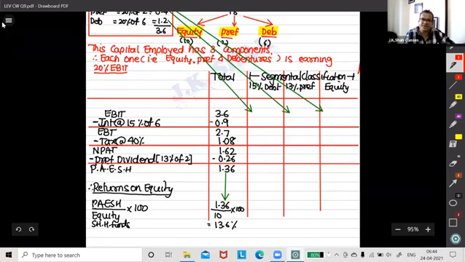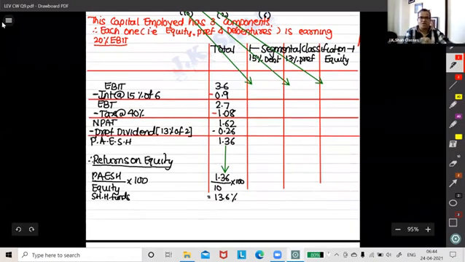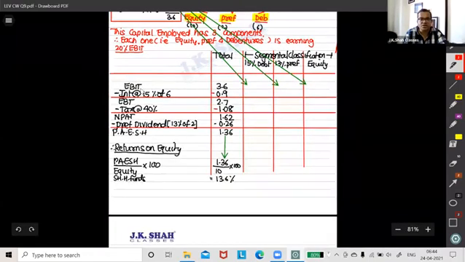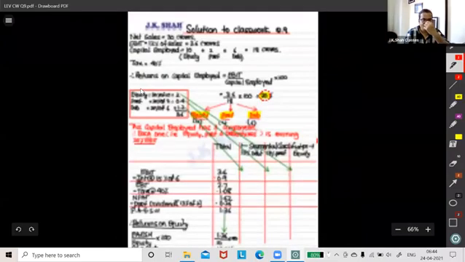So interest subtracted, EBT left, tax subtracted at the rate of 40% of EBT, so NPAT, minus preference dividend, and the returns on equity are calculated. This is what I want you to write. Take 2 minutes, complete this. Then we will calculate everything together. Prepare like this.